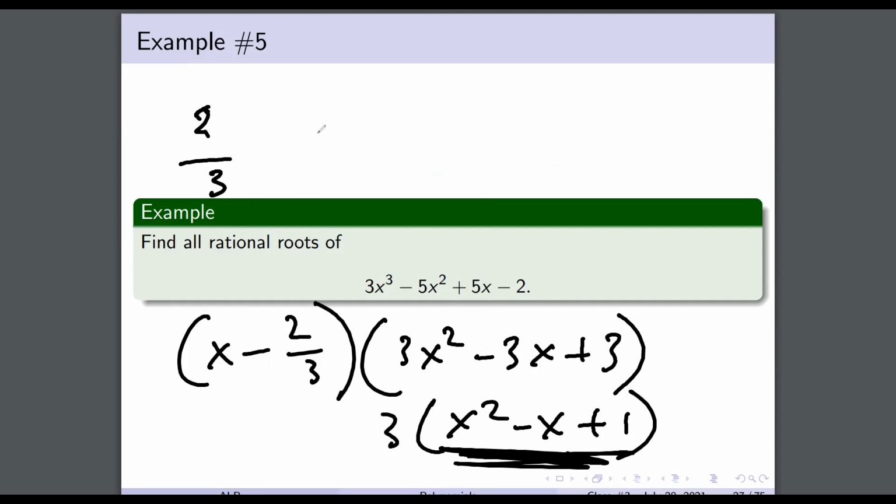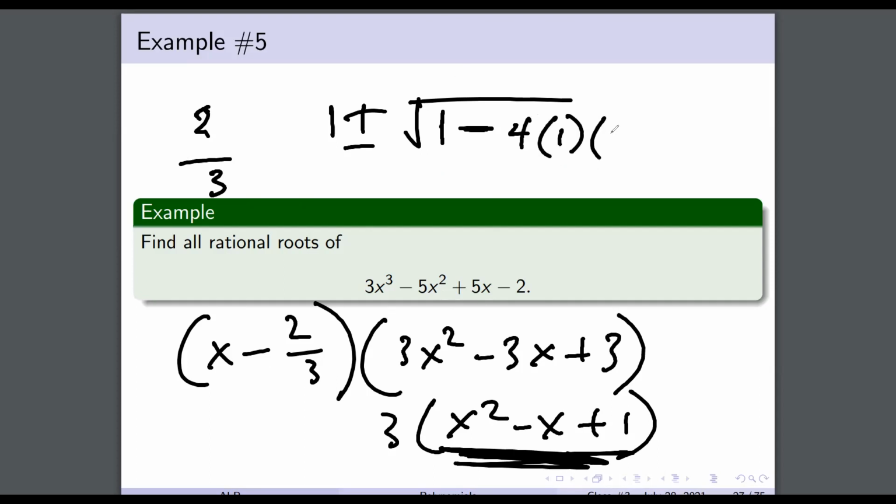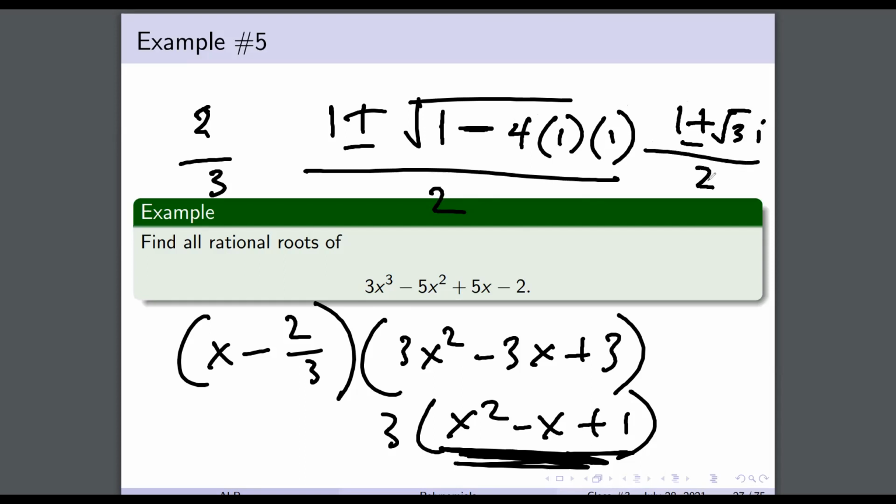And our roots are also 1 plus or minus the square root of 1 minus 4, so minus 4 times 1 times 1, all over 2, which is just 1 plus or minus square root of 3i over 2. I wrote i because this would be negative 3, and so we can take out the negative 1 as i. This is all right. These are our answers. These two, and this one. We're done.